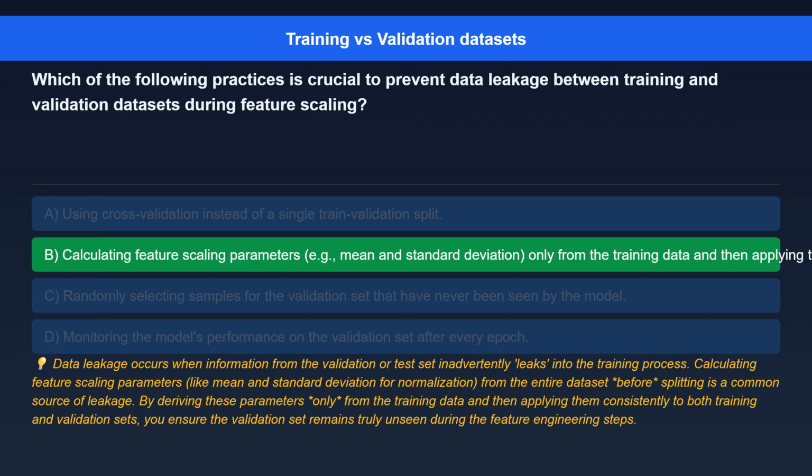Calculating feature scaling parameters, like mean and standard deviation for normalization, from the entire dataset before splitting is a common source of leakage. By deriving these parameters only from the training data and then applying them consistently to both training and validation sets, you ensure the validation set remains truly unseen during the feature engineering steps.